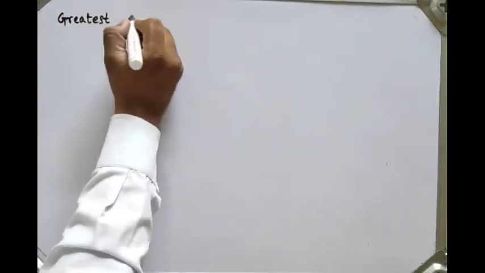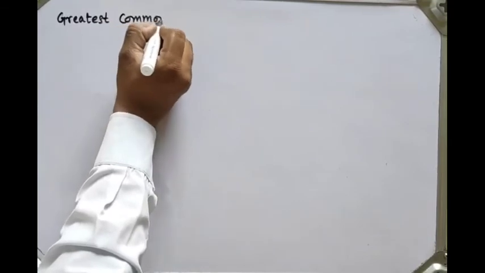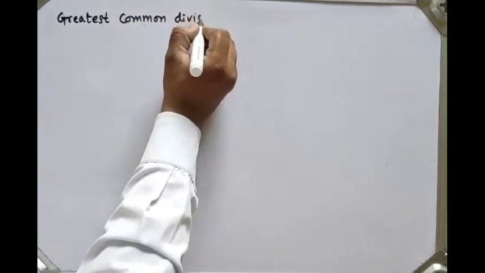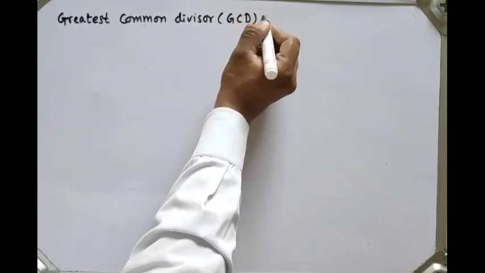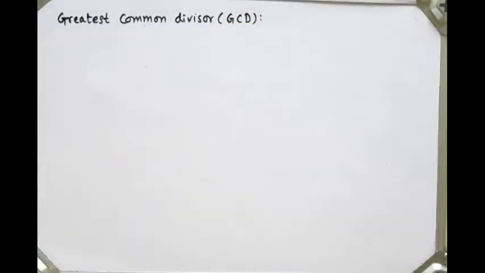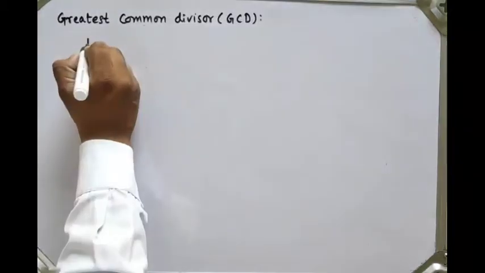Move towards the greatest common divisor, called GCD, of any two numbers. Suppose I take 12.